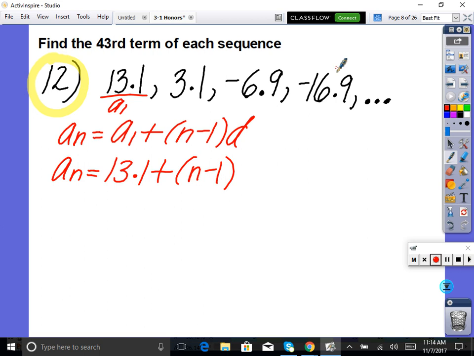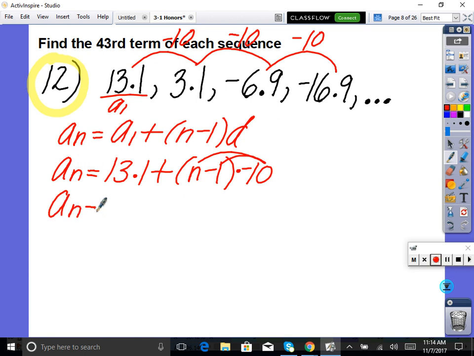So how do we find the common difference? This minus this, this minus this, this minus this. Don't we get negative 10? So we're subtracting 10 each time, everybody. So we would have n minus 1 times negative 10. Now, once again, I just am practicing it like this because I might in the future not say find the 43rd term. I might just say write a formula.